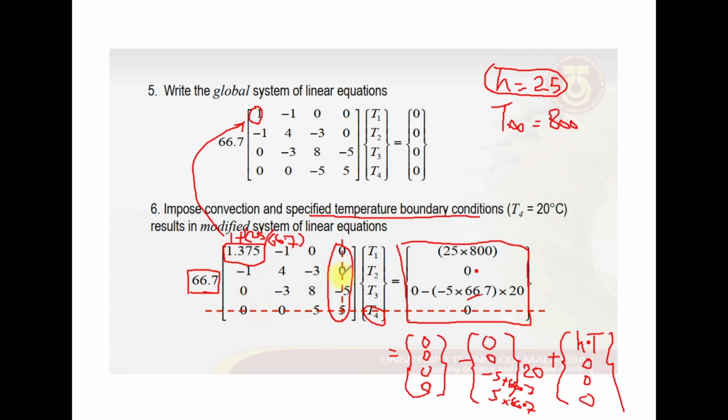Having this system of linear equations with all the boundary conditions set up, we are now able to solve the system of linear equations to find the unknown temperatures at node number 1, node number 2, and node number 3. This can be solved by using Gaussian elimination or Gauss-Seidel methods, or any system of linear equations solver in order to solve for these unknowns.